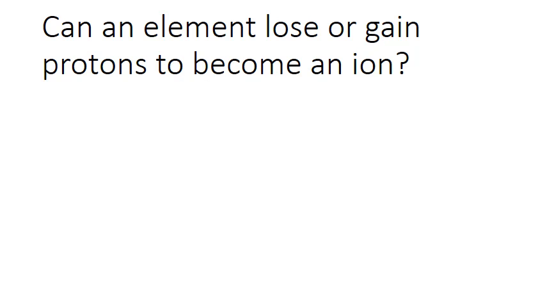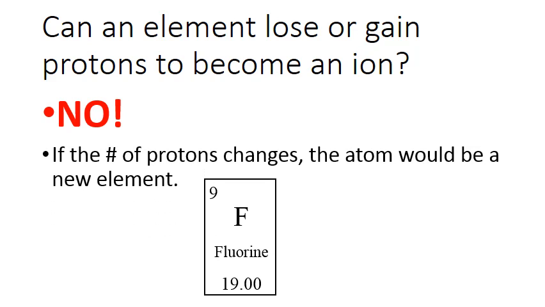Can an element lose or gain a proton instead of an electron to become an ion? The answer is no, most certainly not. If the number of protons changes, which it doesn't, the atom would be a new element. For example, fluorine has an atomic number, top left corner, of 9.